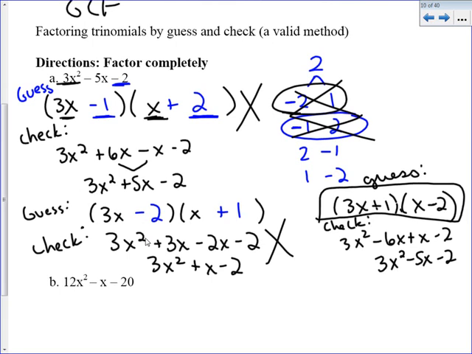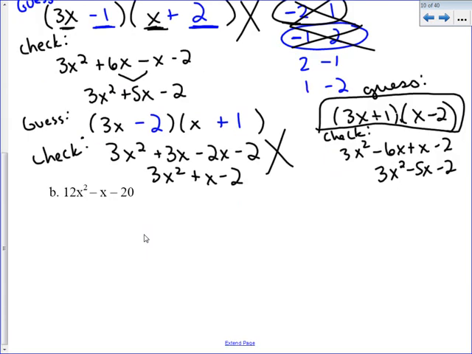But look at this next one. So 12x squared minus x minus 20. Well, we know that the first two terms have to multiply to 12x squared. But the problem with 12x squared is that it could be 12x times 1x, or it could be 6x times 2x, or it could be 3x times 4x.